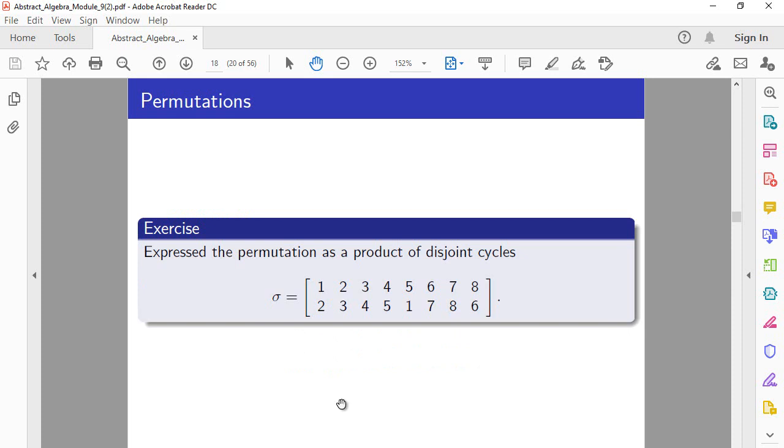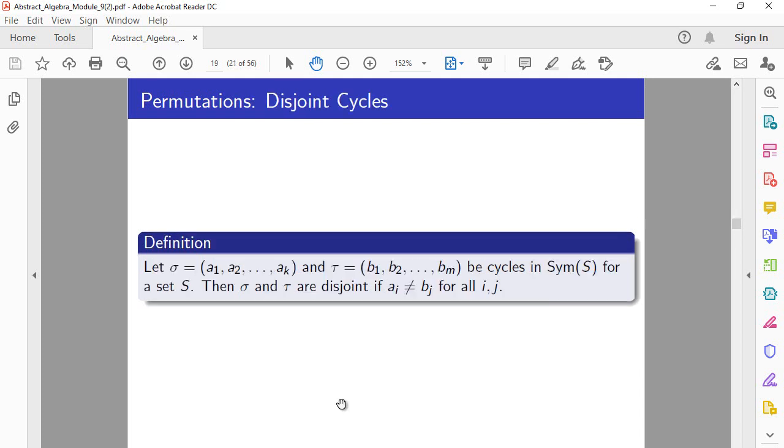And here's your exercise: express this alpha as a product of disjoint cycles. So what do I mean by disjoint cycles again?